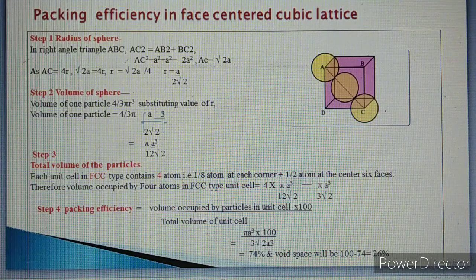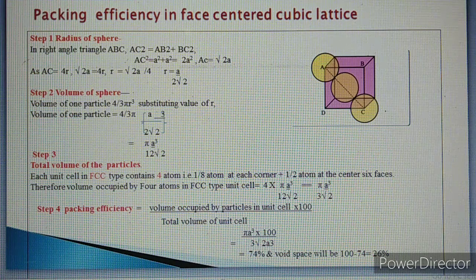So, from step 2, we know that volume of sphere is pi a cube upon 12 root 2. So, 4 multiplied by pi a cube upon 12 root 2. If we solve this one, we will get total volume of particles in FCC will be pi a cube upon 3 root 2. Pi a cube upon 3 root 2.